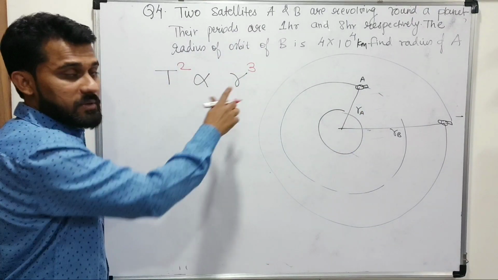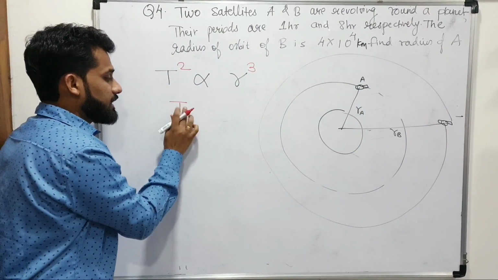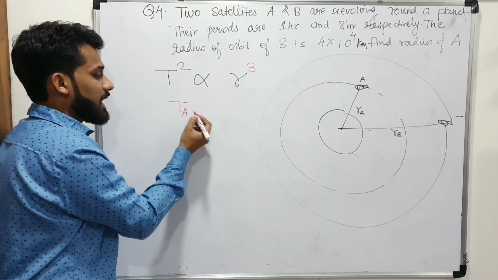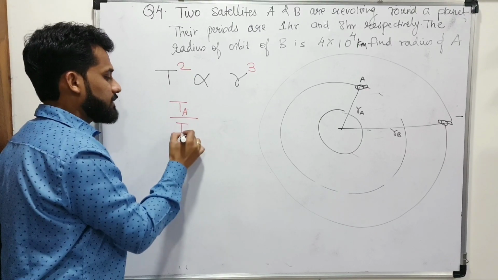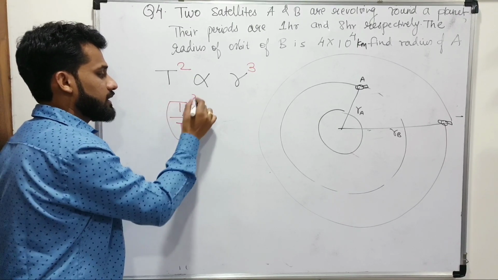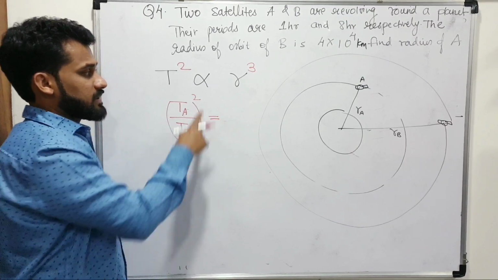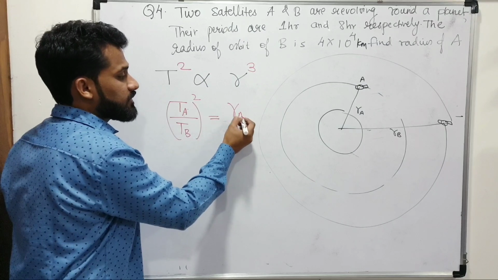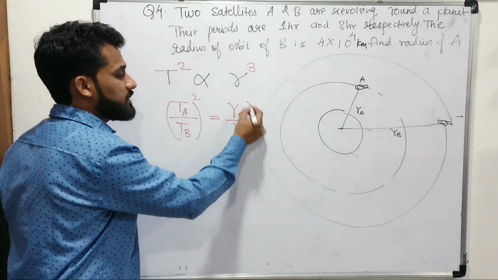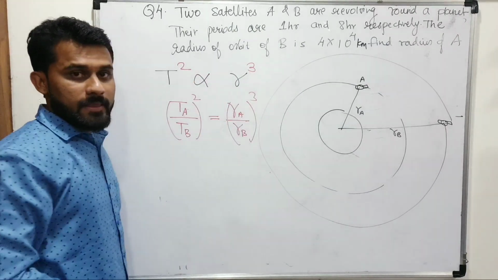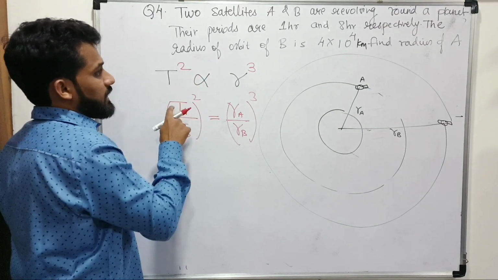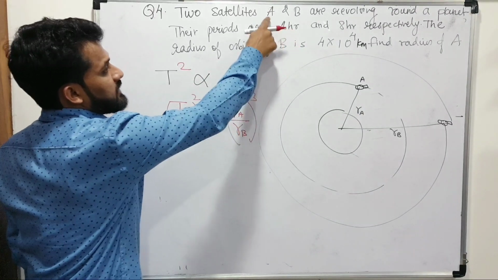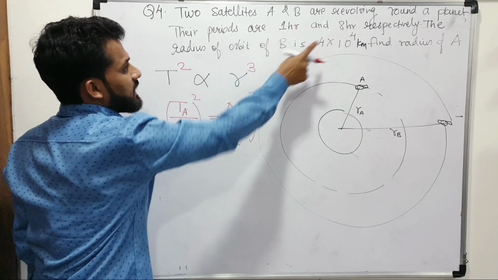So if I use this proportionality, I'll get TA, that is time period of planet A, upon time period of planet B, the whole square, is equal to, because since I'm taking the ratio, proportionality sign will go, radius of orbit A upon radius of orbit B, the whole cube. And the ratio, I can put the values. First planet's time period is 1 hour, the second one is 8.